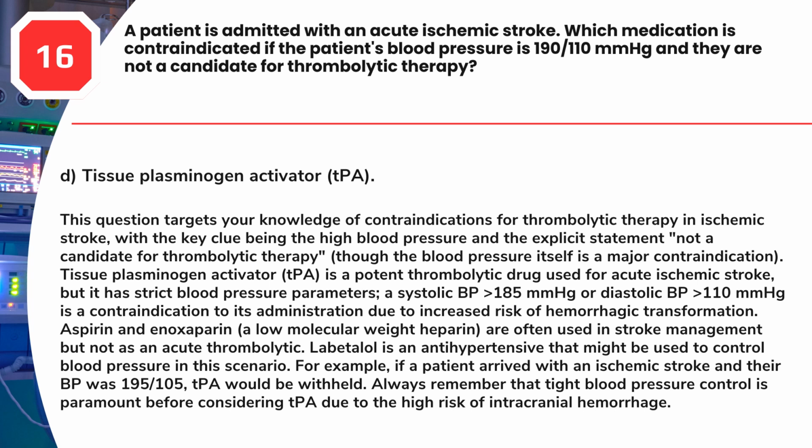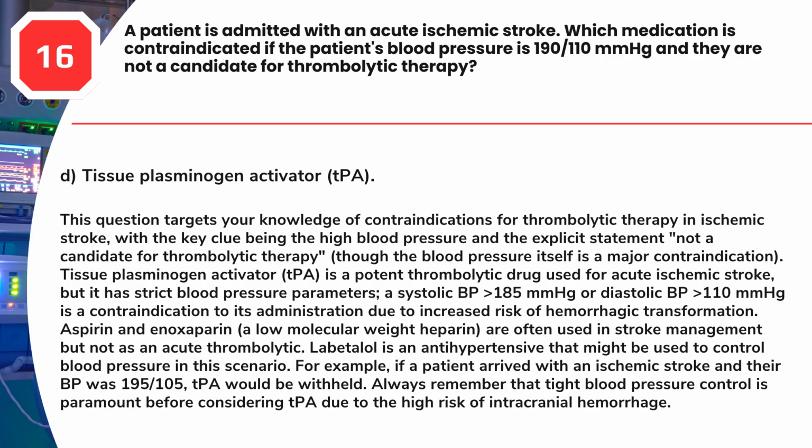Tissue plasminogen activator, TPA, is a potent thrombolytic drug used for acute ischemic stroke, but it has strict blood pressure parameters. A systolic BP greater than 185 mmHg or diastolic BP greater than 110 mmHg is a contraindication to its administration due to increased risk of hemorrhagic transformation.